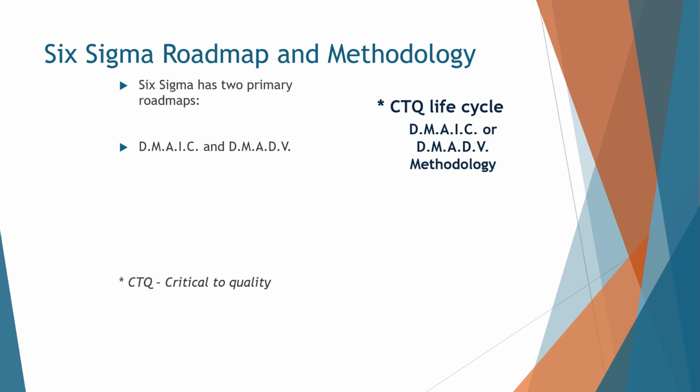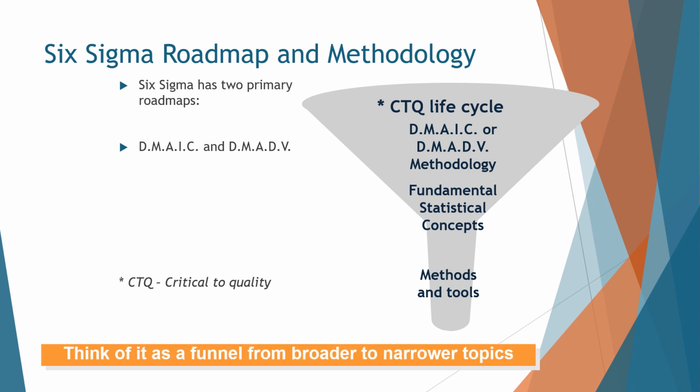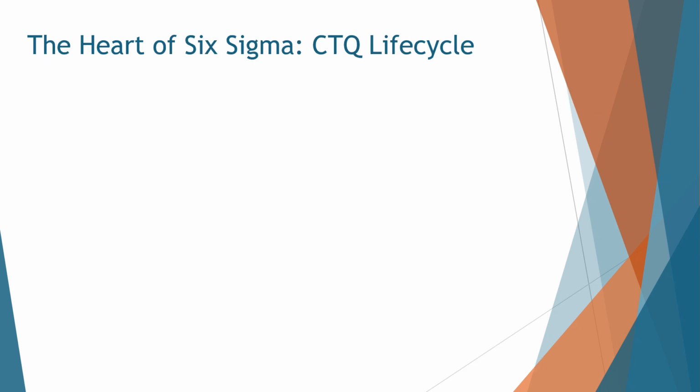So remember, DMAIC is when you have an existing product or service, and DMADV is when you are designing a brand new service or product. So there's two methodologies, and both of them involve fundamental statistical concepts, as well as methods and tools, which we'll be learning about in the following slides. Think of it as the funnel from broader to narrow topics.